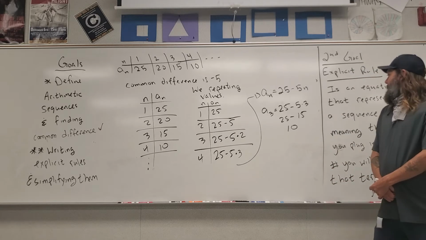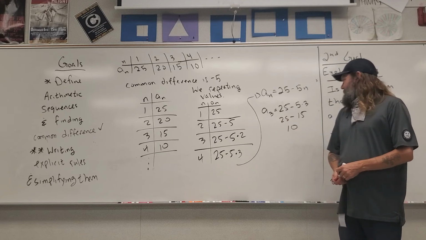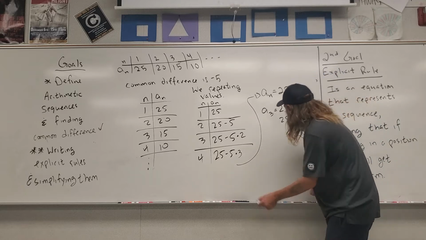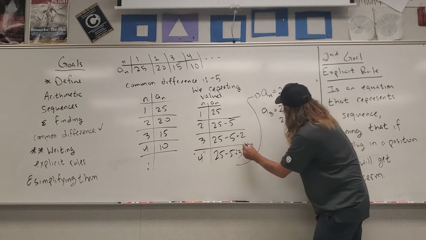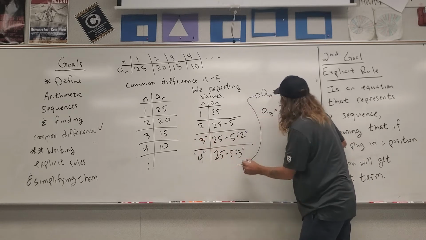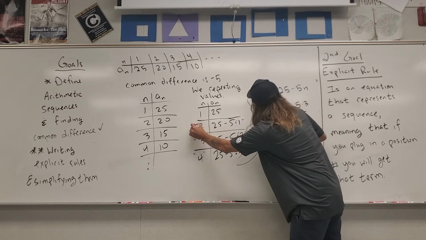The way that I made it is I didn't have repeating values. Remember previously, this number would be the same as this number, and this number would be the same as that number.